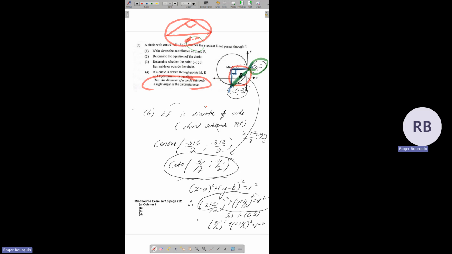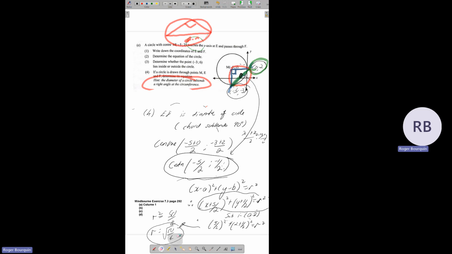So it's going to be 25 over 4 plus 25 over 4. So r squared is going to be equal to, I don't even need a calculator, 25 over 4 plus 25 over 4 is 50 over 4. So r is equal to the square root of 50 over 4. That's what r is going to be.